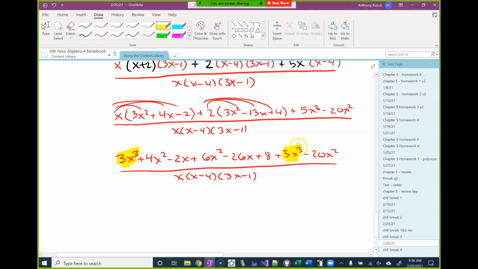So I have the x cubes. And then I have the x squareds. Then I have the x's.